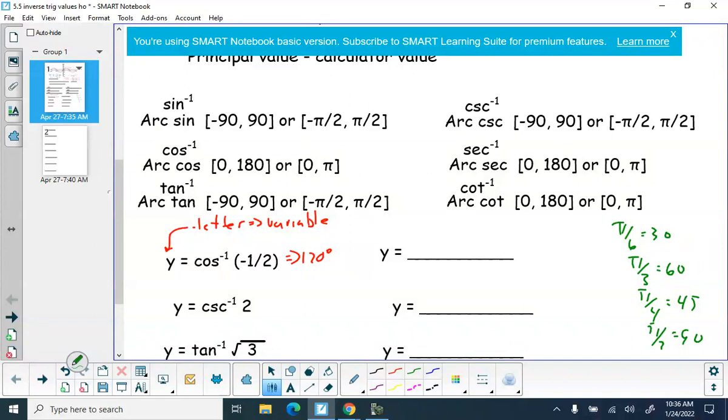But what I'd like you to do is start to advance yourself. You have pi over 180 is equal to x over 120. Do your cross multiply and divide if you wanted to.